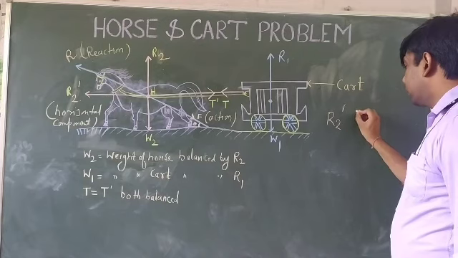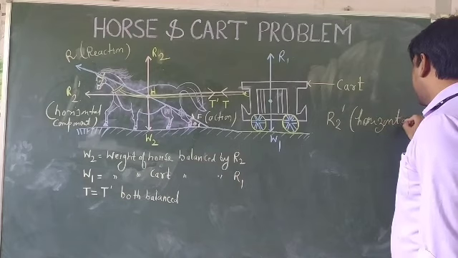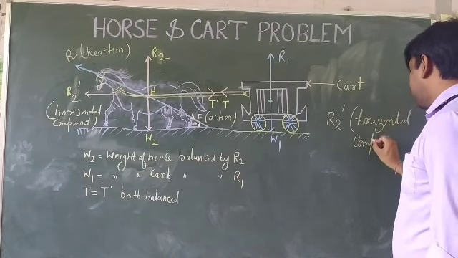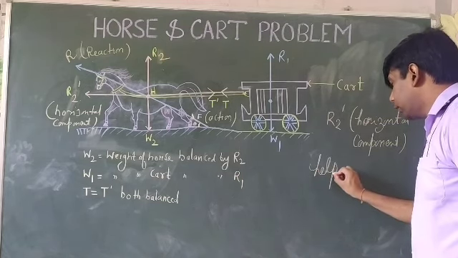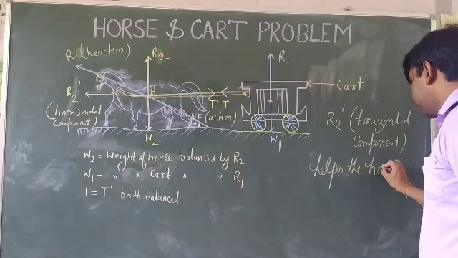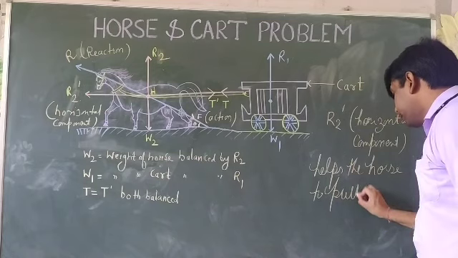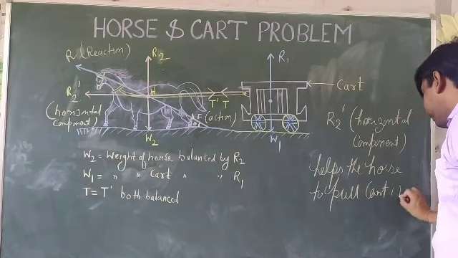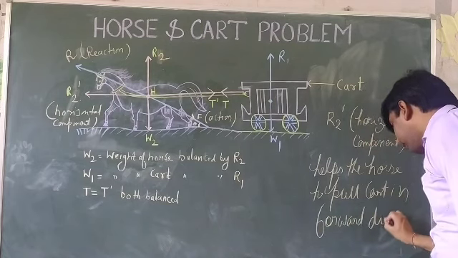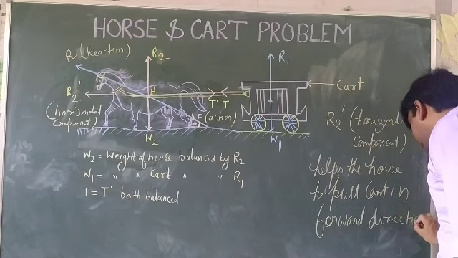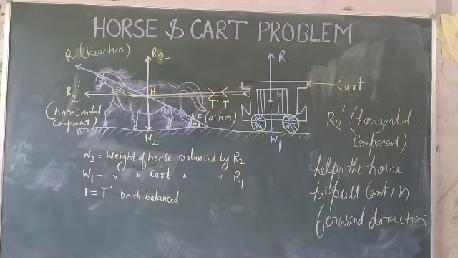R2 dash, the horizontal component, will help the force to pull the cart.